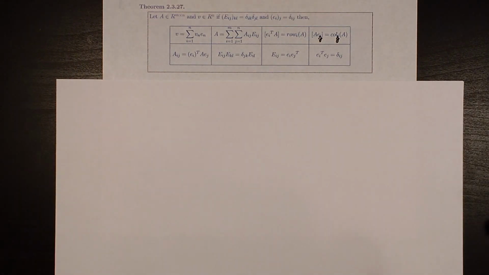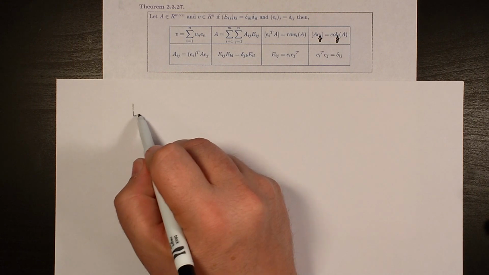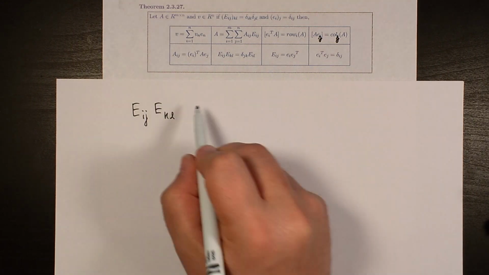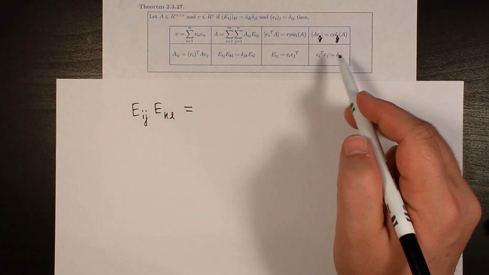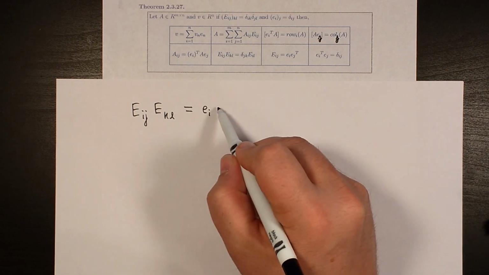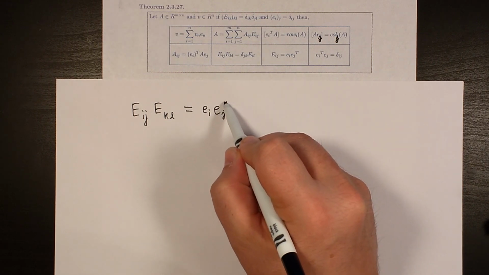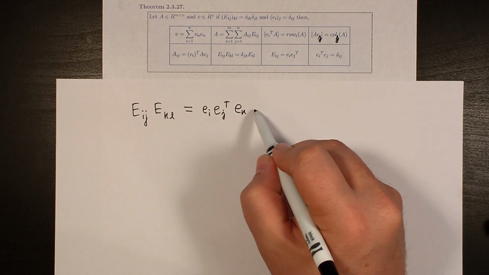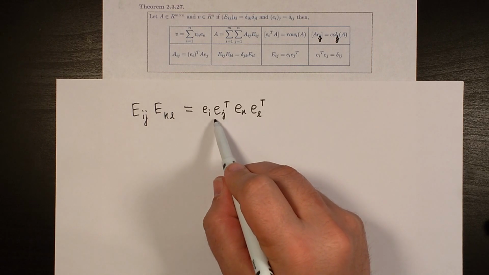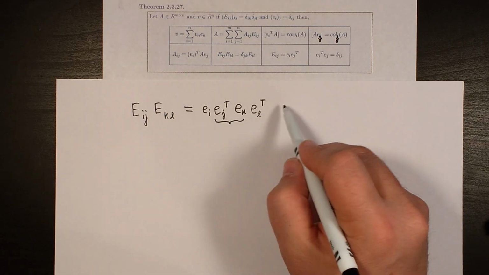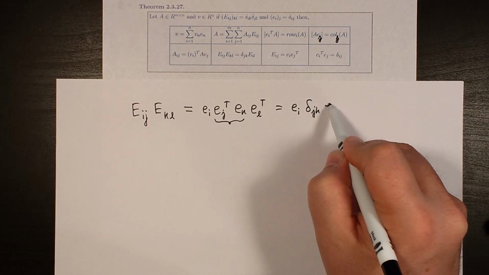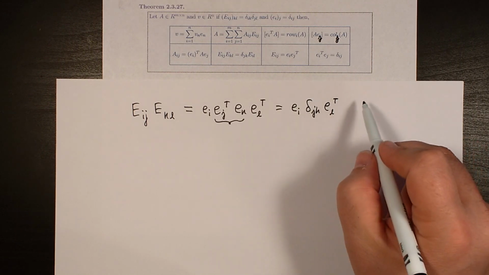And then finally, this guy, E_ij times E_kl. I can look at that now in view of this. That's E_i E_j transpose times E_k E_l transpose. By this, E_j transpose E_k is just the Kronecker delta jk. So I've got E_i, Kronecker delta jk, E_l transpose.